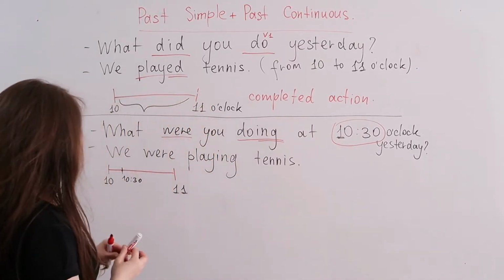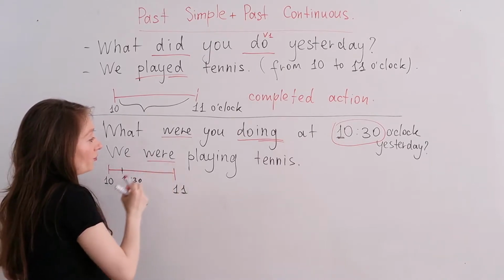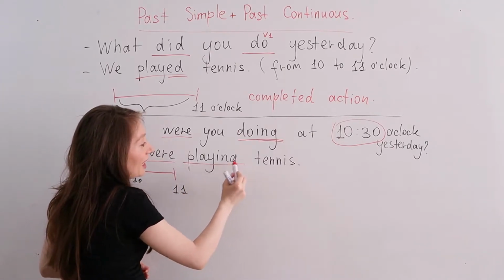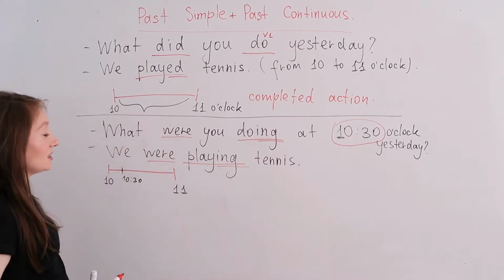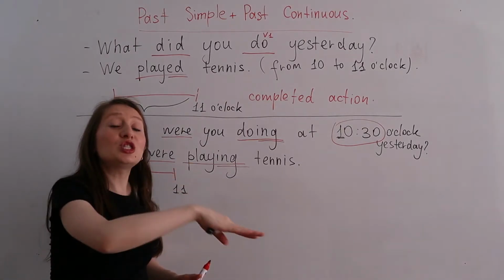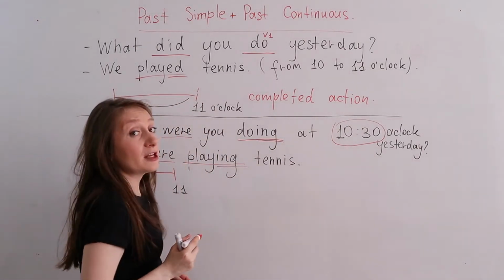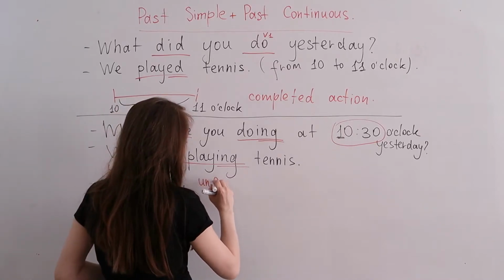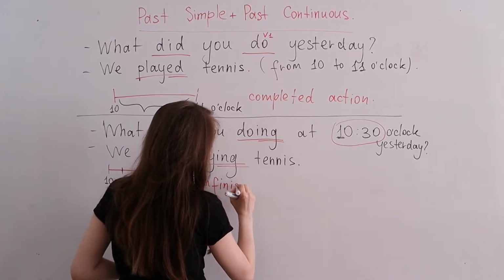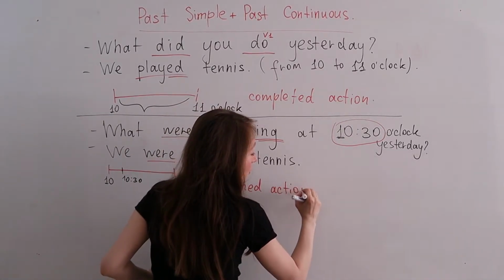Continuing something. So we were playing tennis. Verb to be, verb play with ing at the end. So at this time, I was doing it, right? So we call it unfinished action. Unfinished action because it was in the process.